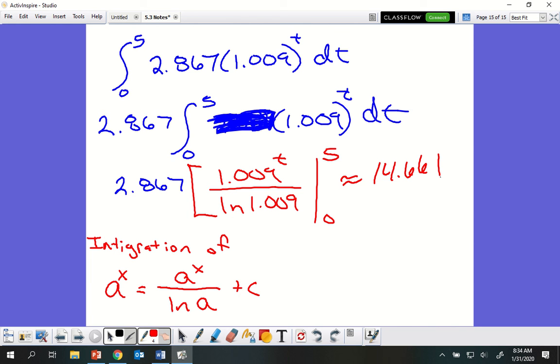Now I believe there is a part C on this one, right? Yes. If the population of the United States was 320 million in 2015, what is the projected population in 2020?